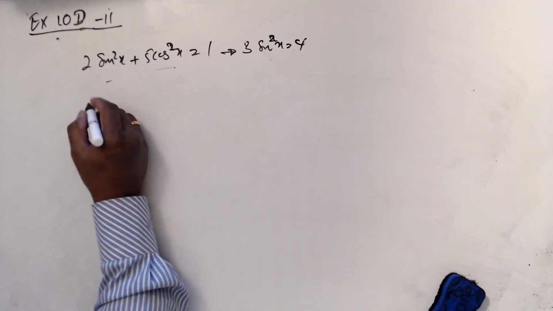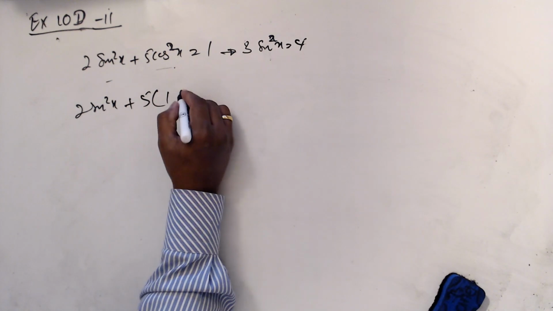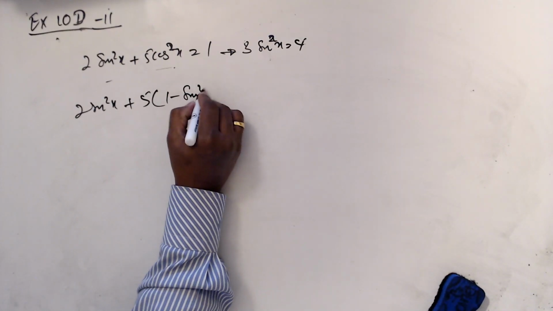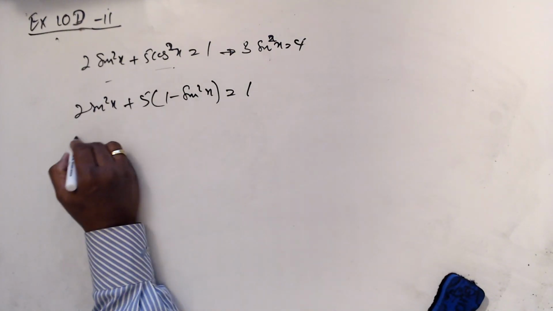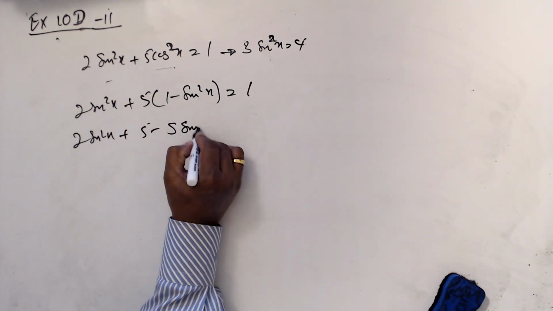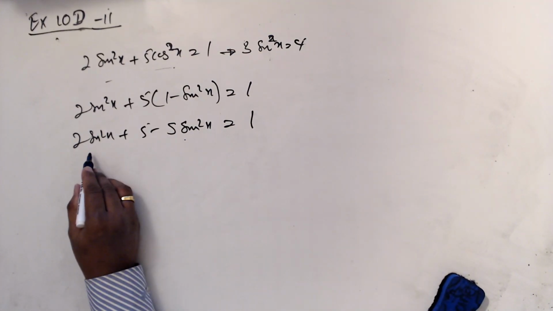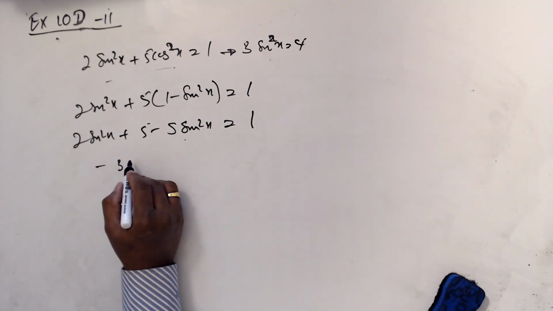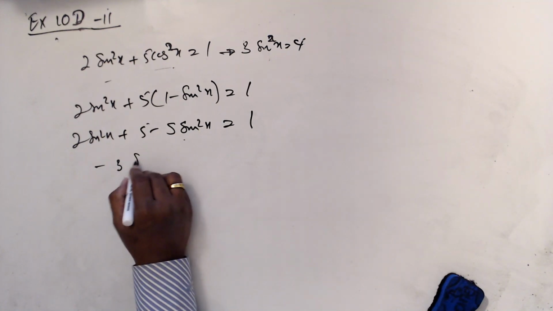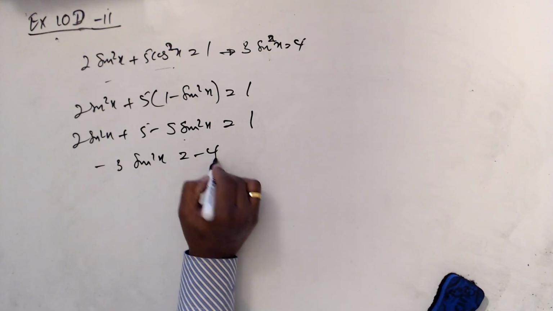So like now 2 sine square x plus 5 times 1 minus sine square x equal 1. 2 sine square x plus 5 minus 5 sine square equal 1. So this is going to be minus 3 sine square x equal 1 minus 5, minus 4.